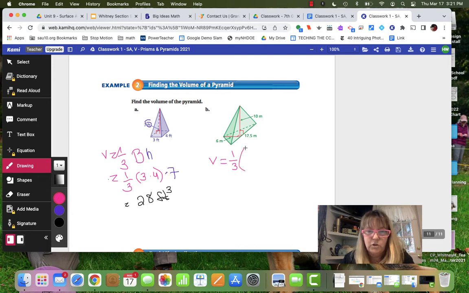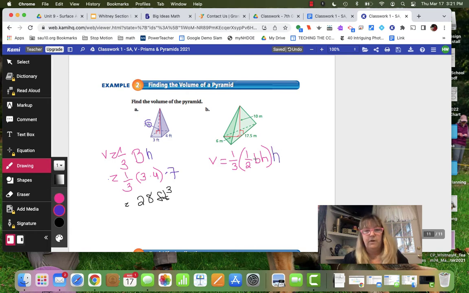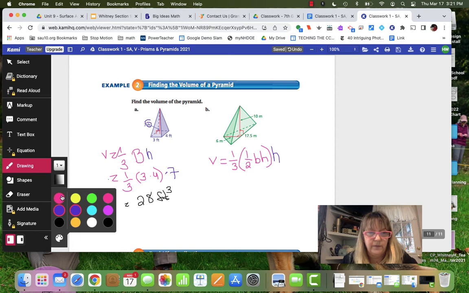And since that is a triangle, it's 1/2 the little b, see the difference, the base of that, times the height of this triangle here. And then times the height of the pyramid itself. Again, I get it. You've got 2 variables in there that are the same, but they're not really. I know, it looks weird.